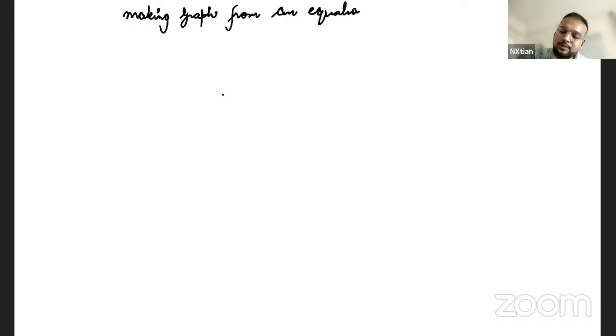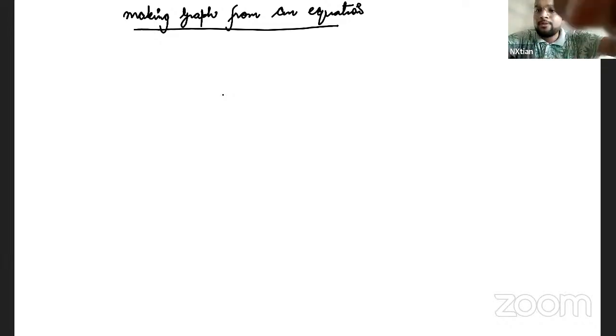Now, today we'll learn about making a graph from an equation. Like if an equation is given to you, how will you make a graph from it?